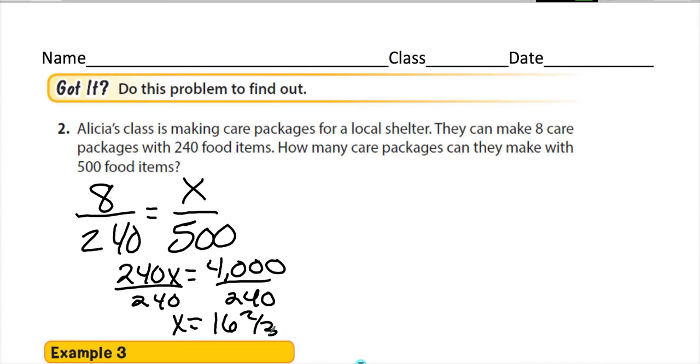There's a button on your calculator that changes those decimals into a fraction. So go ahead and let's practice doing that if you don't know how already. Okay, so when we type in 4,000 divided by 240, you should see, right above the ABC button, the button that says PRB.